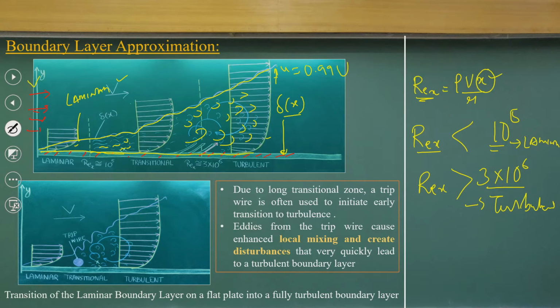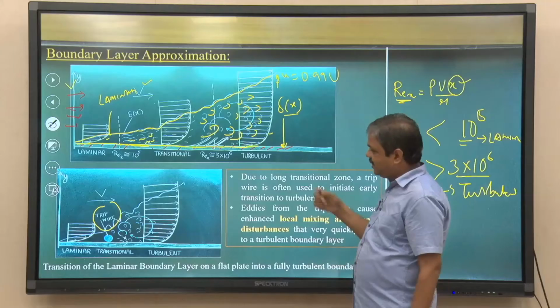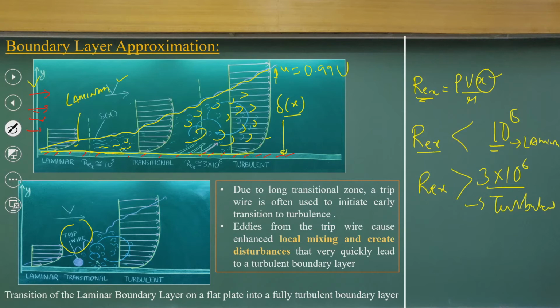But for engineering applications, we do not always know much about transitional zones, and transitional zones are responsible for acoustic noise and many other effects. We try to avoid the transitional zone by introducing a tripwire. Many structures have tripwires, which reduce the transitional zone and make the laminar to turbulent transition within a short span.